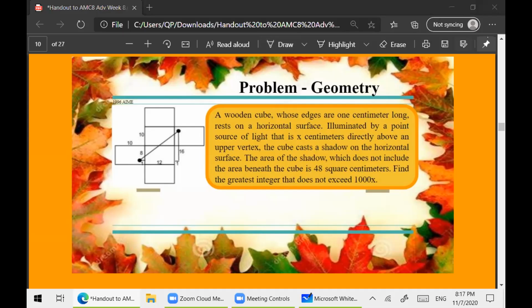I know the source is an AMC, but it's a very, very simple AMC.